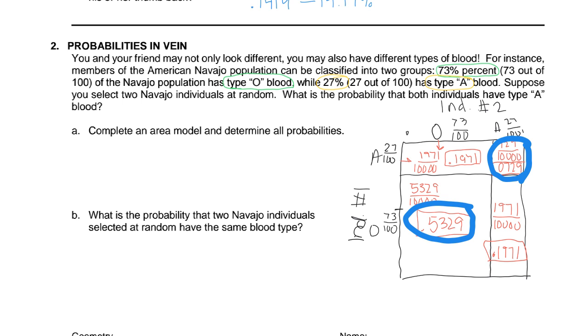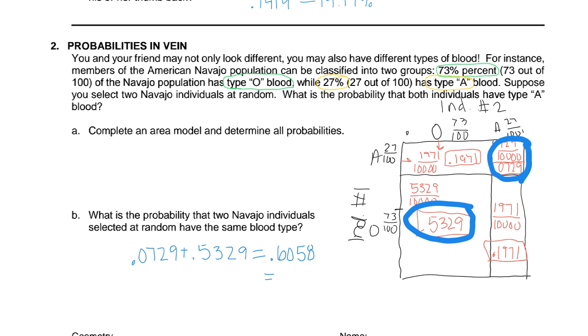We just want to combine those two, so 0.0729 plus 0.5329. We take that and plug it into our calculator, and it should give us a decimal of 0.6058.